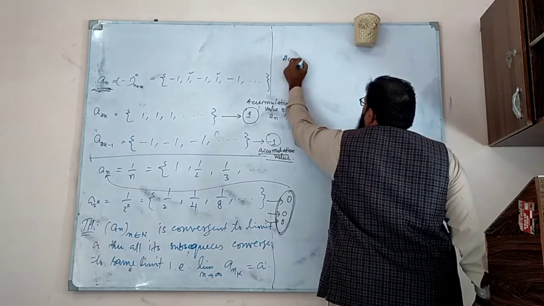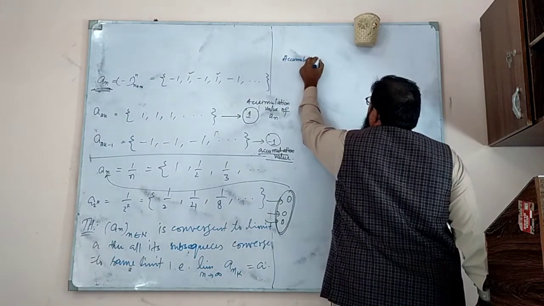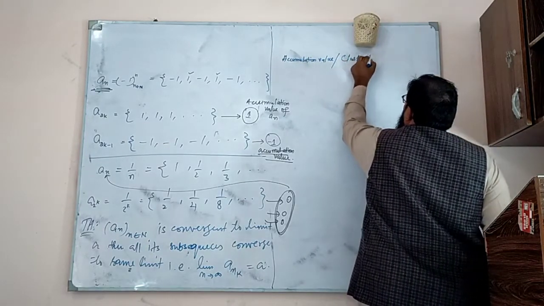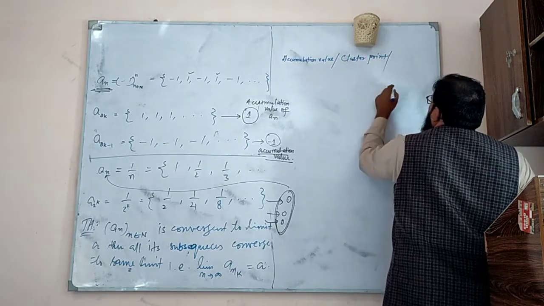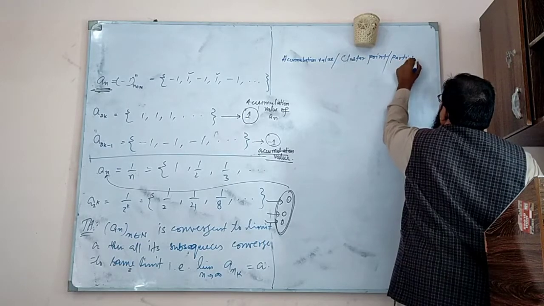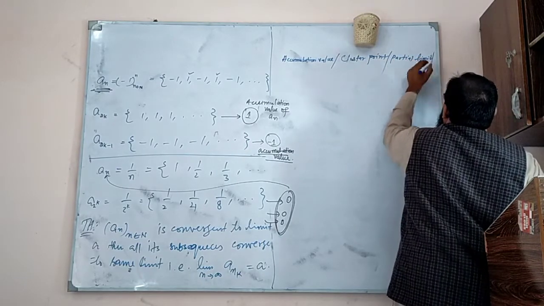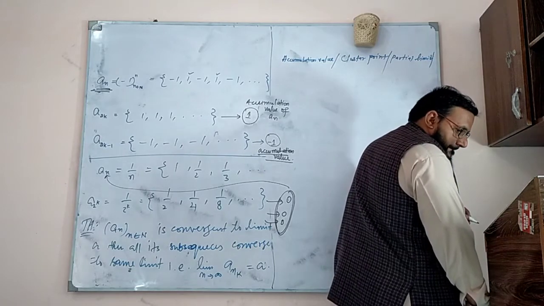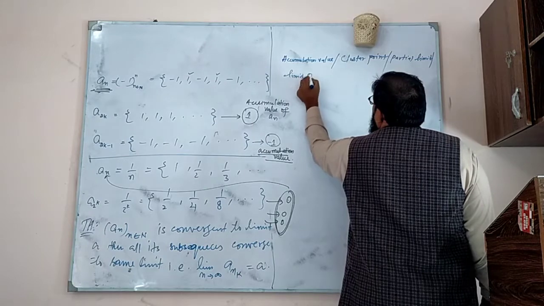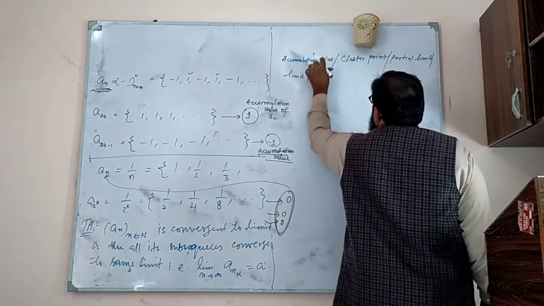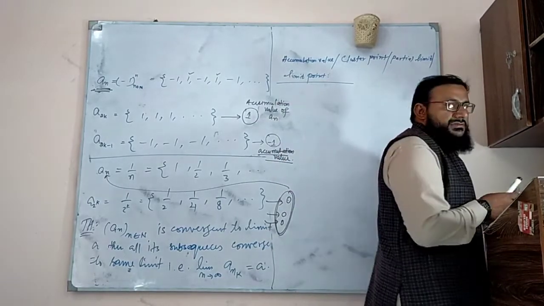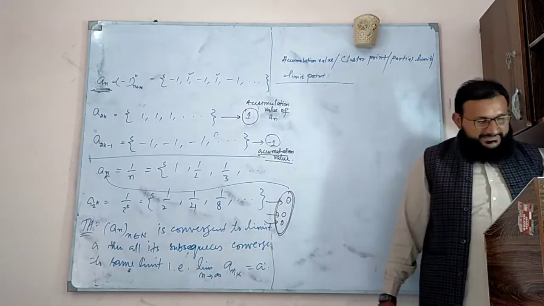Accumulation value, also called cluster point, or also called partial limit, and another word is limit point. This is what we call the limit point of a sequence, the cluster point of a sequence, the partial limit of a sequence, or the accumulation value of a sequence.